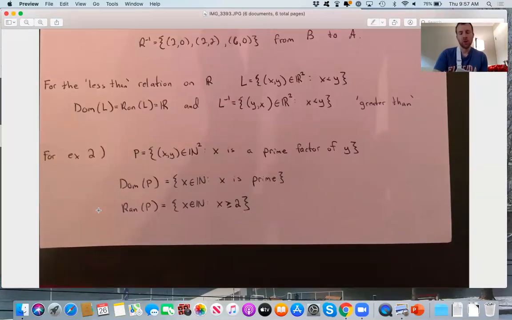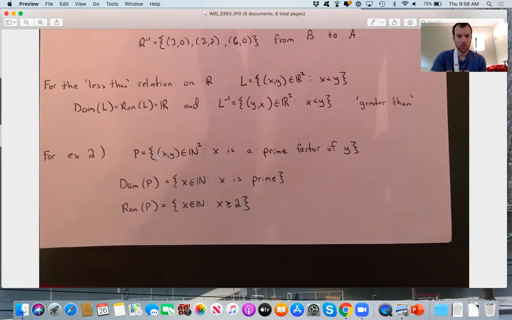So to finish the examples that we've been introducing, we introduced this relation P, which has all the pairs of natural numbers x, y, so x is a prime factor of y. So in this case, let's think about what the domain and range are.